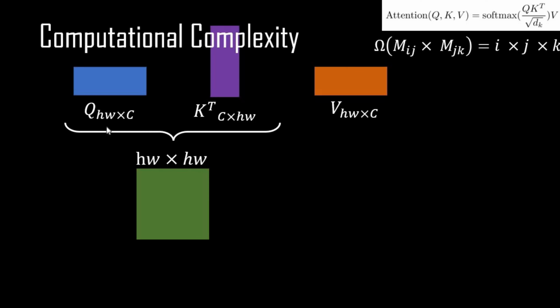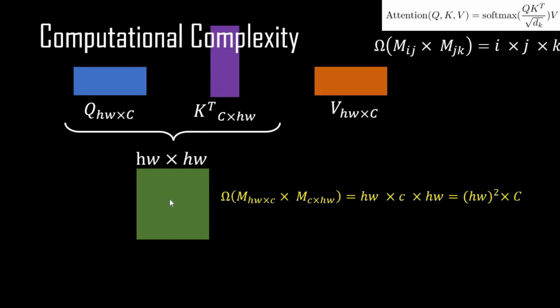So first we multiply q times k transpose, and the size of that is going to be hw times hw. What is the time complexity of this? This is our i, j, and k, so it's going to be hw to the power of 2 times c.